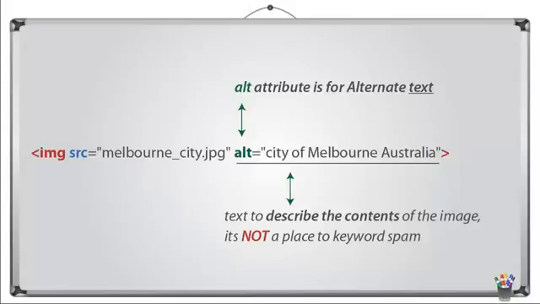Just imagine the blind citizen visiting us now, right? So how can we allow that human to understand, by looking at the alt attribute, what that particular image is all about.